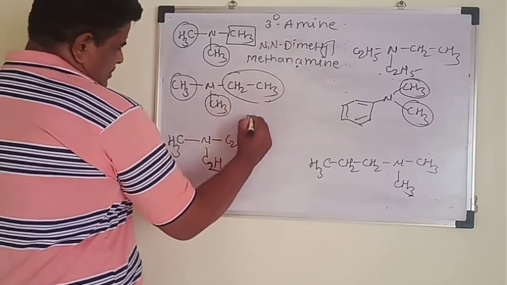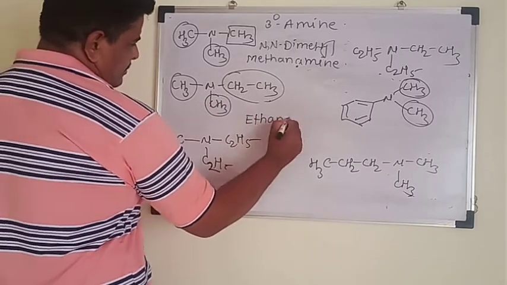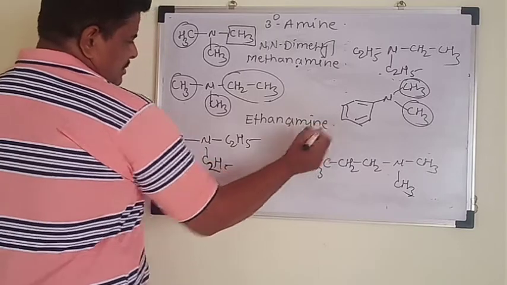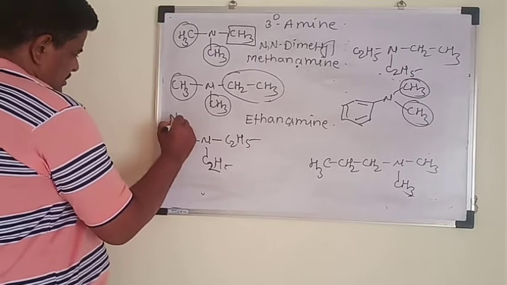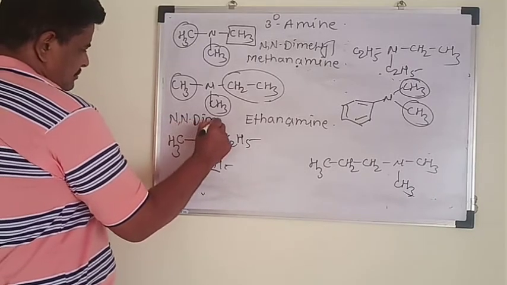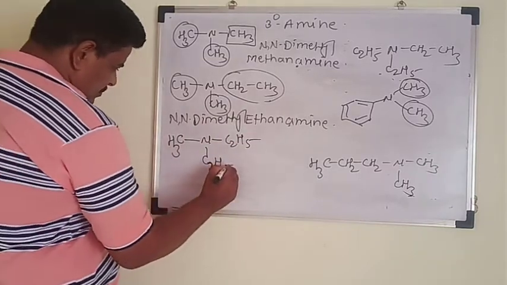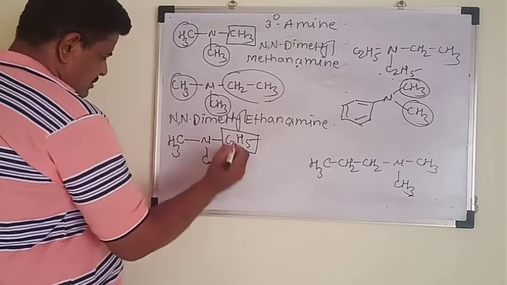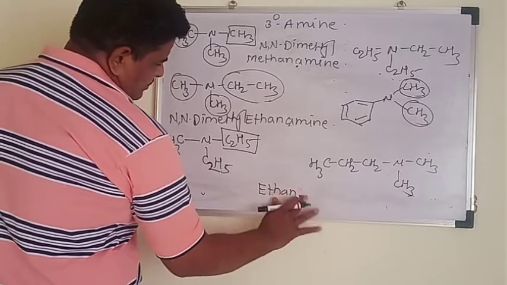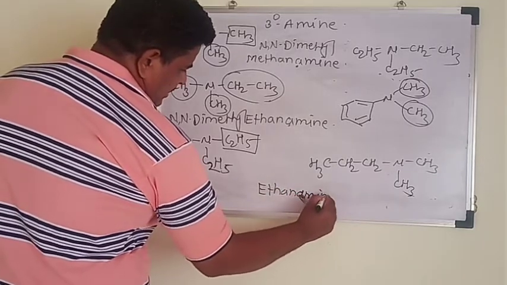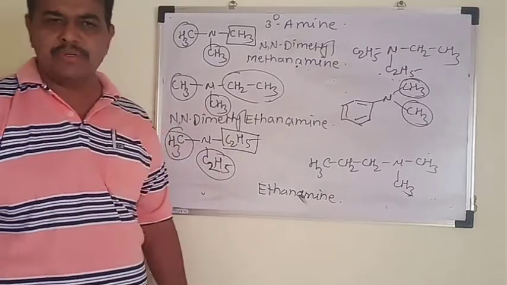Second example is ethane. So longest chain is of ethane. Replace E by amine. Now two methyl groups are again present on the nitrogen. So it is N,N-dimethyl ethanamine. Here longest chain is of 2 carbon. So it becomes ethane. Replace suffix E by amine. So it becomes ethanamine. Now here on nitrogen, one methyl and one ethyl group is present.